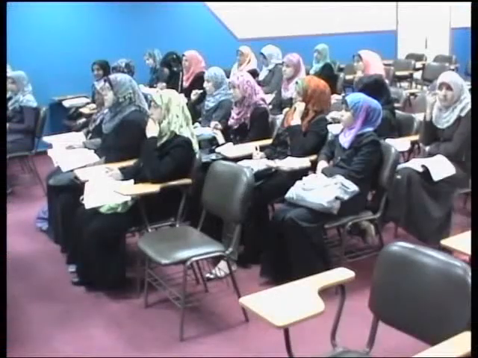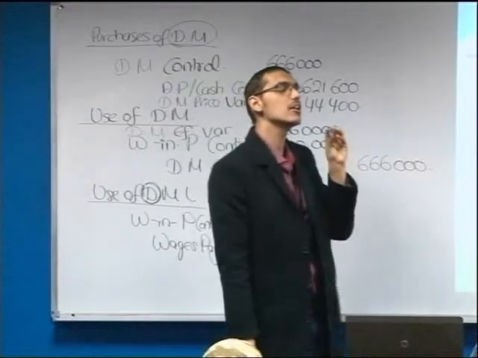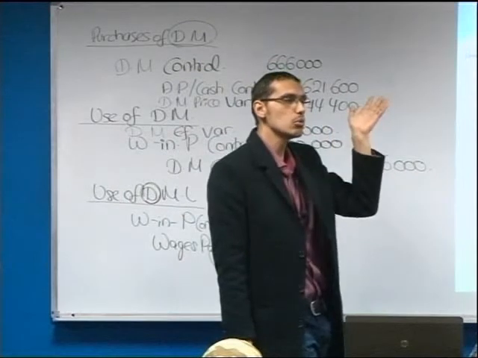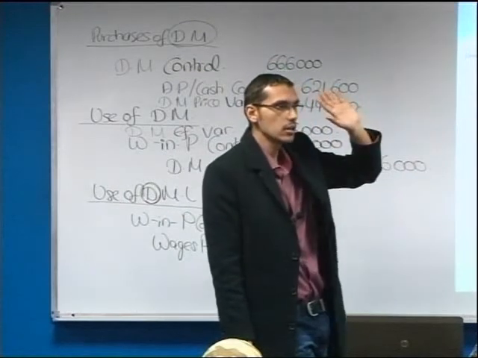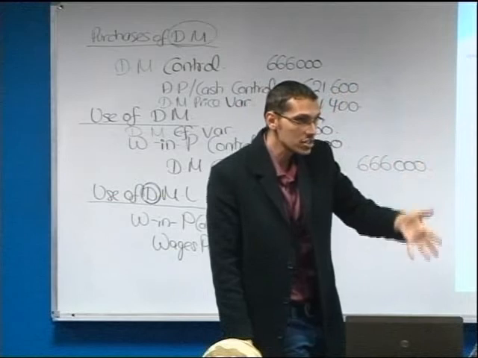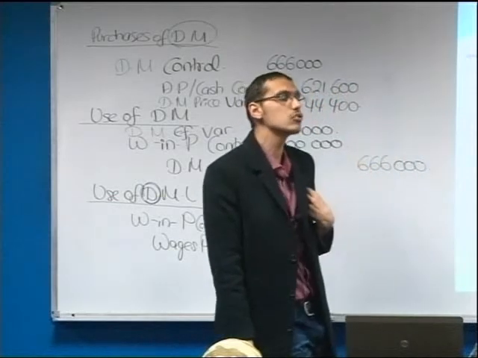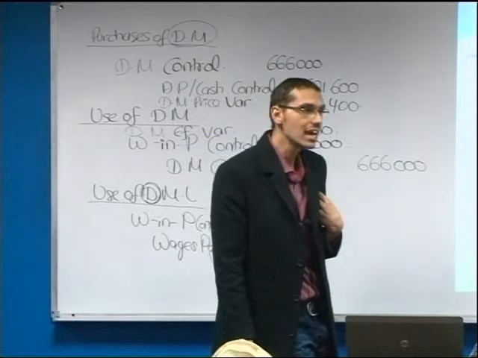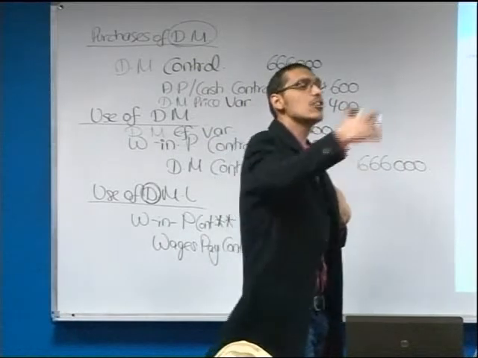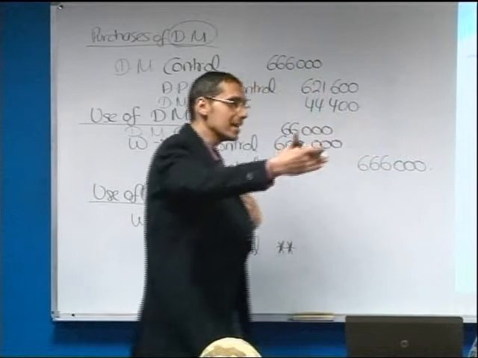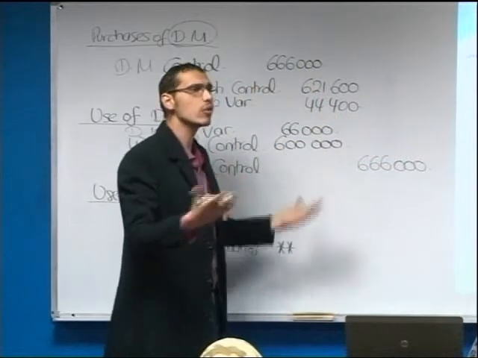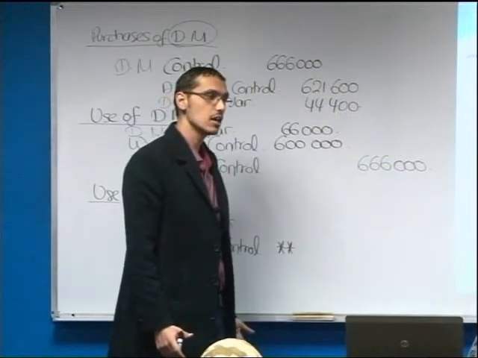Correct? We could use it, but separately. Of course we could. According to our example, we cannot assume something that is not here. We need to consider the question and the example, and according to the example, we are going to make our journal entries. Can we have an ending inventory? Of course we can have an ending inventory.